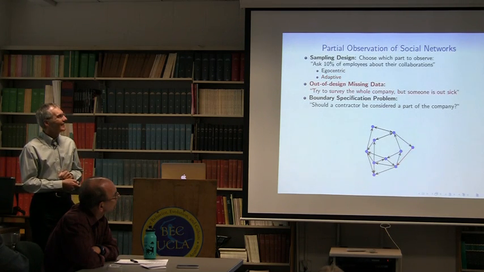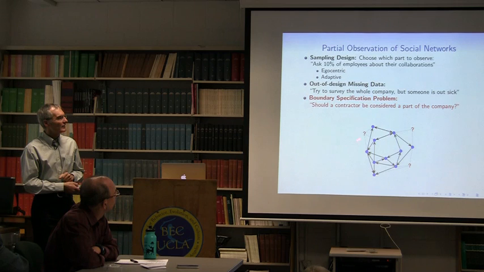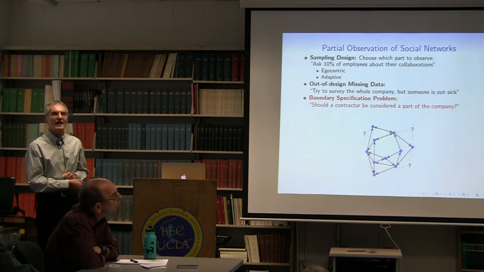Okay. And so missing data, I think, which is quite natural, where you just don't observe ties because of this form. And the last one, quite important for anthropological applications, is the boundary specification problem. The basic idea here is, if you had, say, contractors on the outside and they were collaborating with people on the inside, then they clearly change the social structure, but they're clearly not part of the core organisation either.